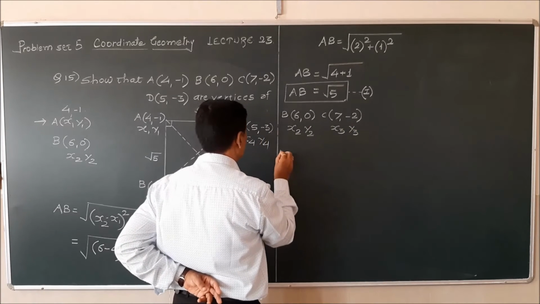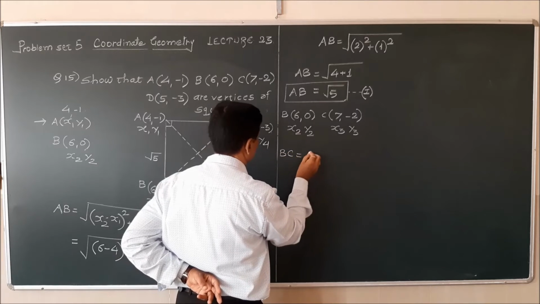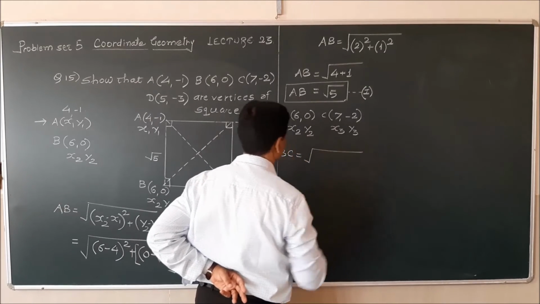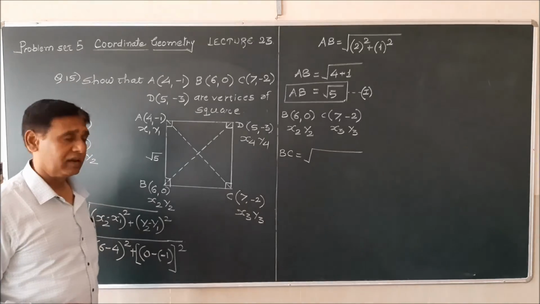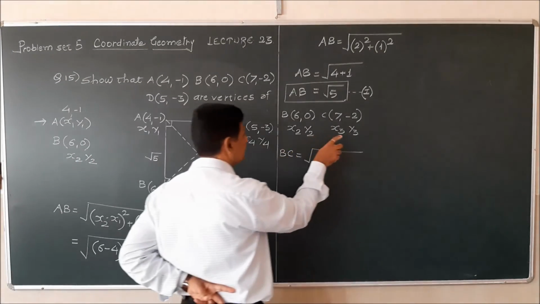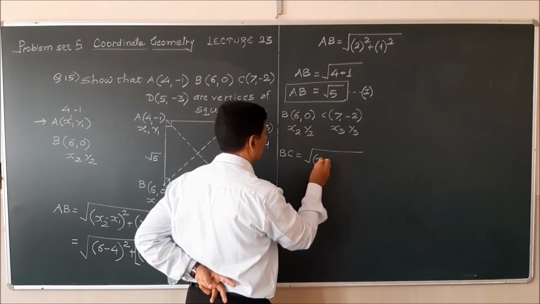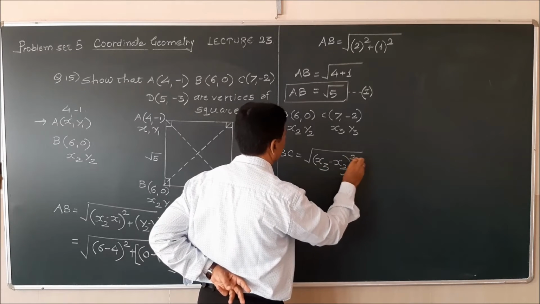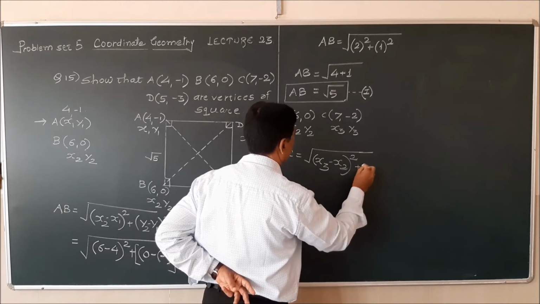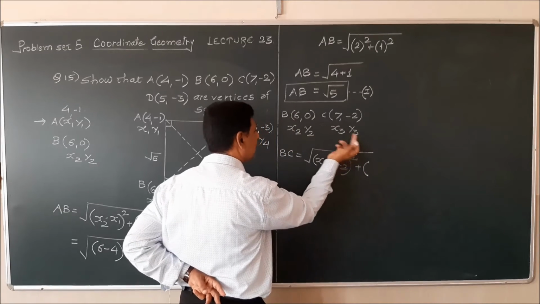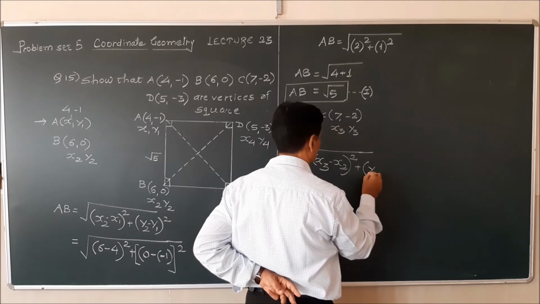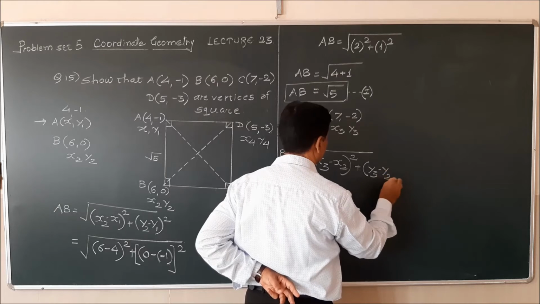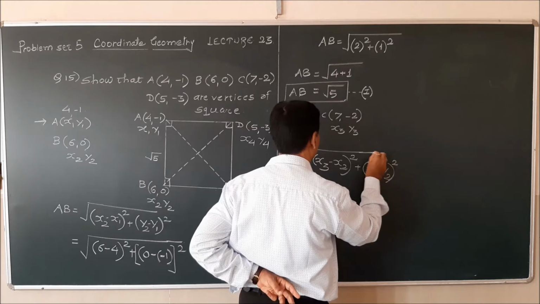So BC is equal to, formula now, x3 minus x2 the whole square plus y3 minus y2 the whole square.